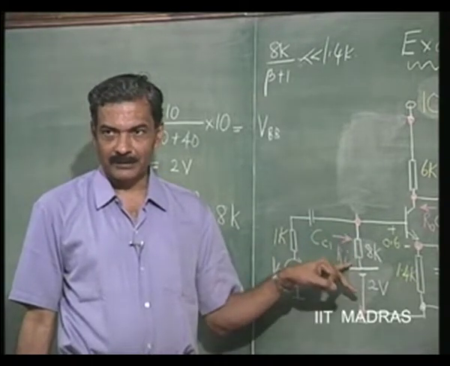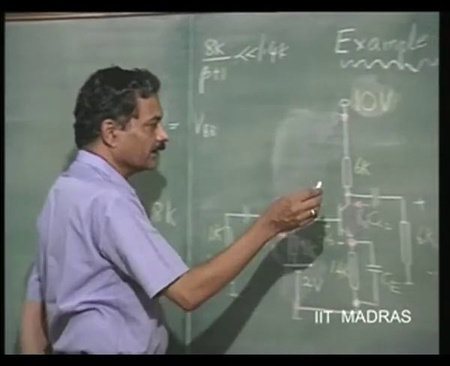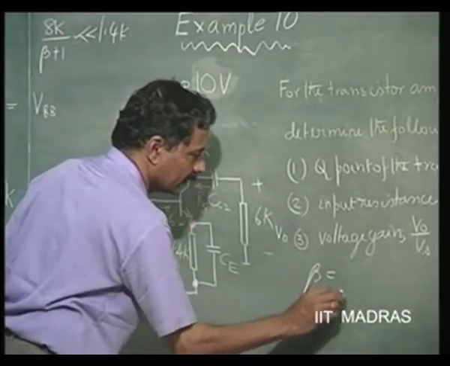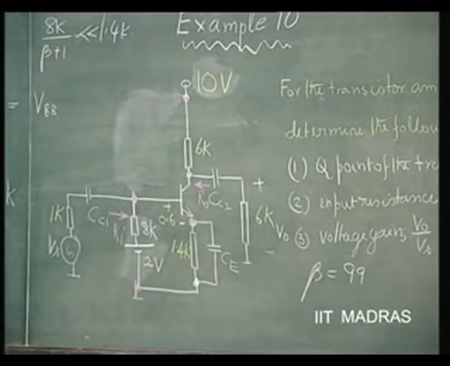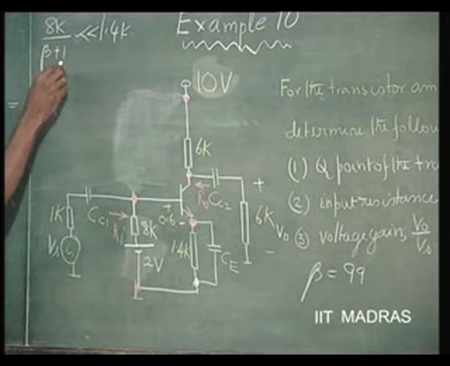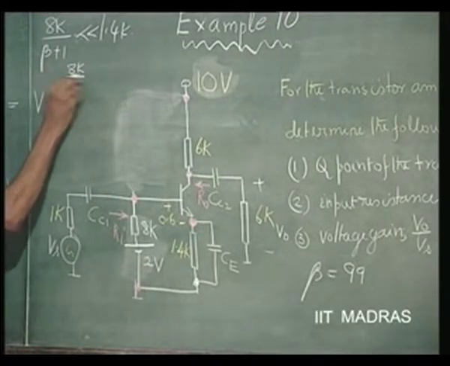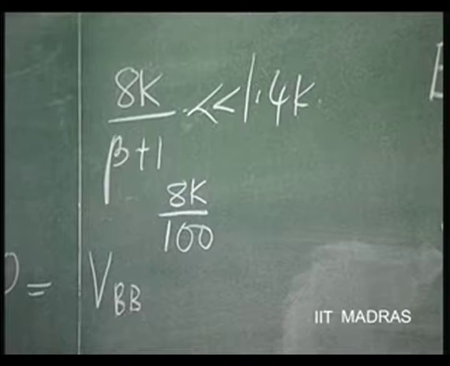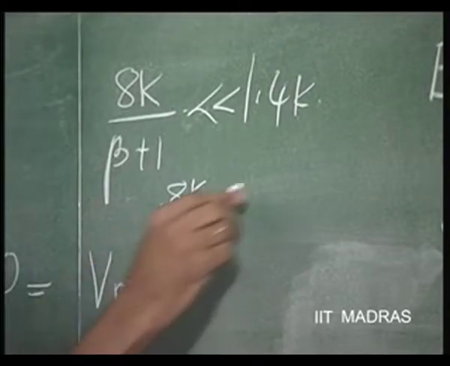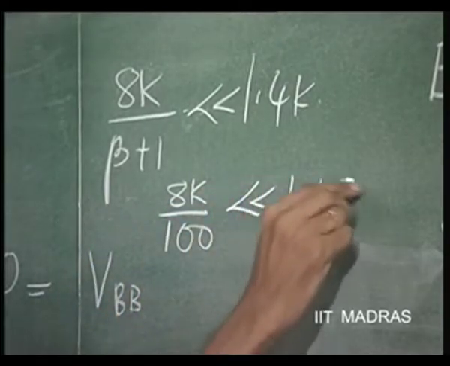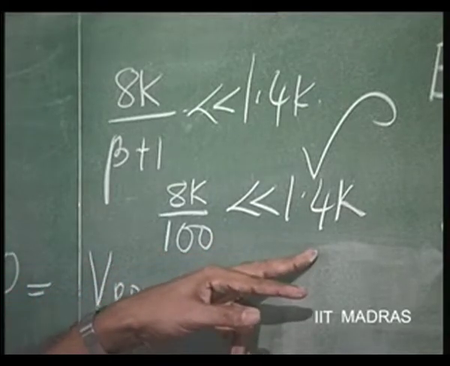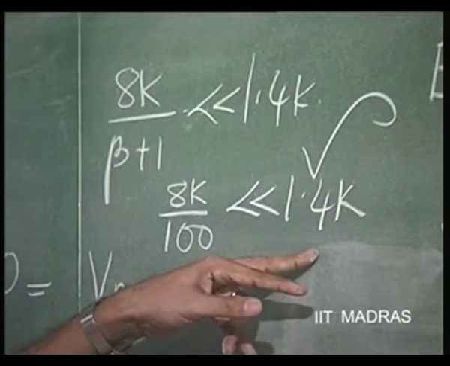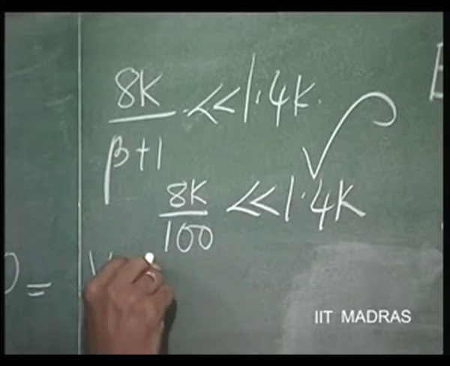This also we have seen. Let us assume for the transistor beta is, let us say, 99. Then in this case we have 8K divided by 100, which is definitely much less than 1.4K. So, this is a valid assumption.